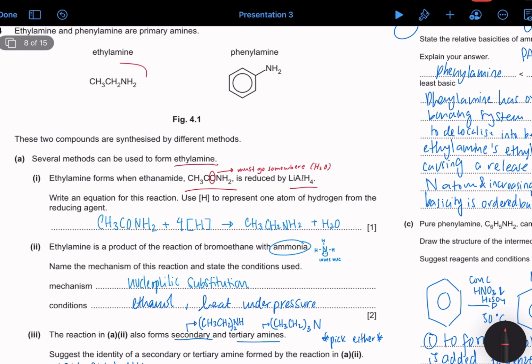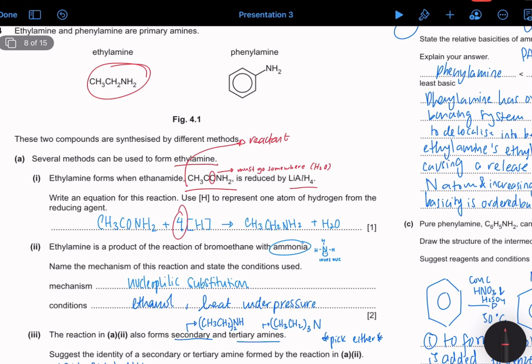Again, this is your final product and this is your reactant. As you can see, there's no O in your final product, so the O has to go somewhere, and that one goes to your water, H2O. Alright, so CH3CONH2 plus H is going to be CH3CH2NH2 plus H2O. Make sure to balance it with 4 hydrogen.